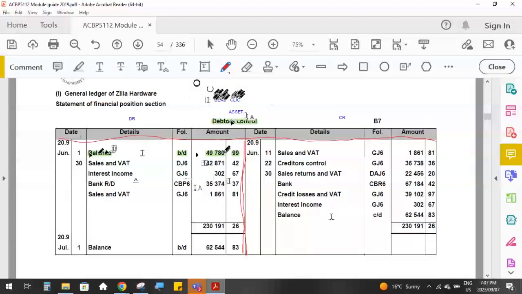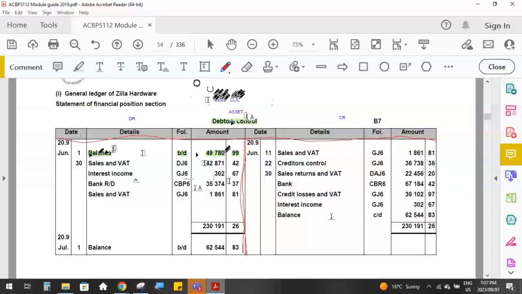So remember, the debtors journal details all of our transactions with our debtors and it summarizes those transactions into those column totals, and only the column totals are then posted into the general ledger.